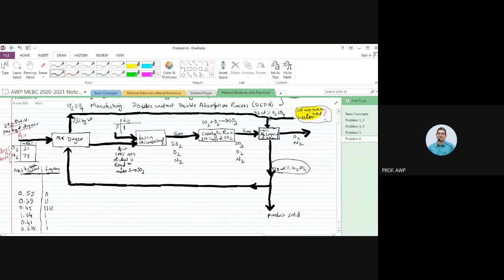How does it matter? Yes, sir, actually I was thinking that whatever comes out of the air dryer is 93 weight percent. Okay, sir. How does that change your answer?